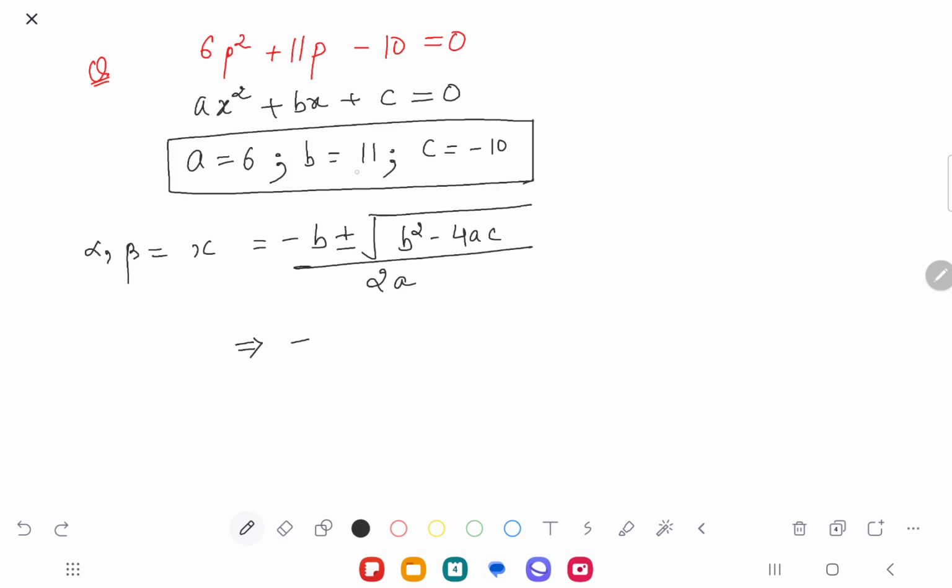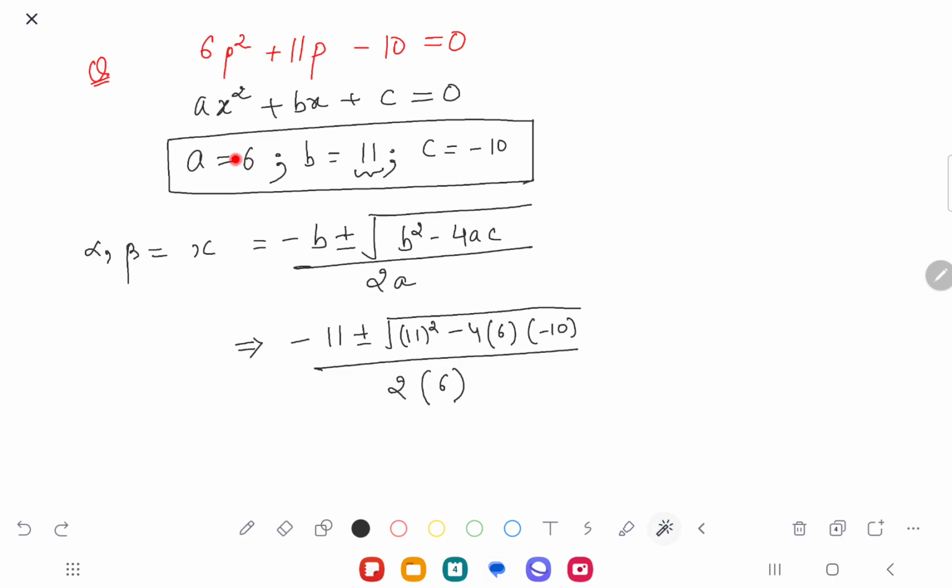So minus b shall be what? 11 plus minus under root of b square, which is 11 square, minus 4, a shall be 6 and c shall be minus 10, over 2a. A I'm going to put in here as 6. Understood or not?